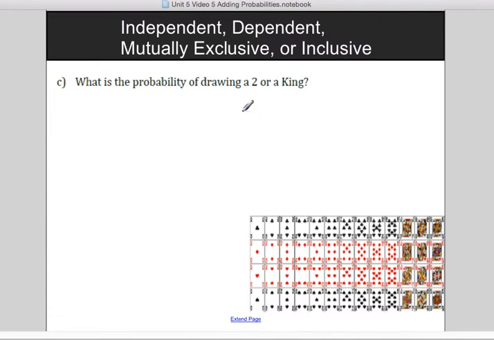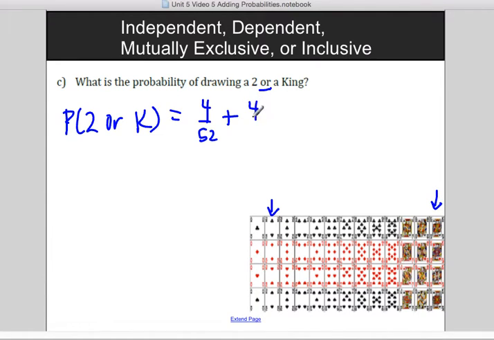C, what is the probability of drawing a 2 or a king? So I know it's probability of a 2 or a king, so I know I'm going to be adding. To be a 2, right here, there's 4 out of 52. Plus, because it's an or, a king, there's 4 out of 52. And then you ask yourself, can I be a 2 and a king?